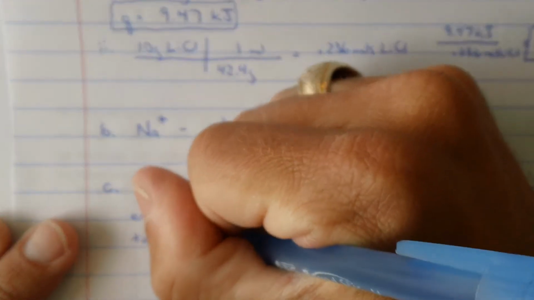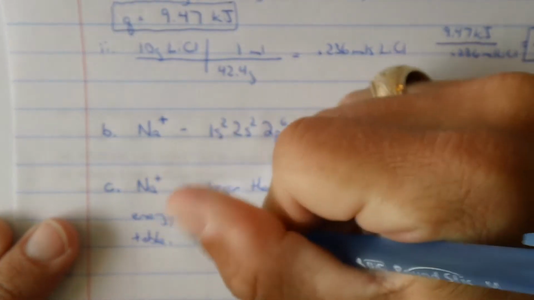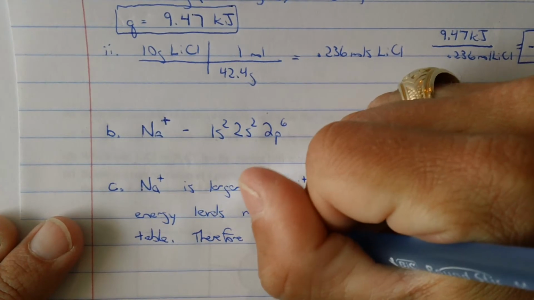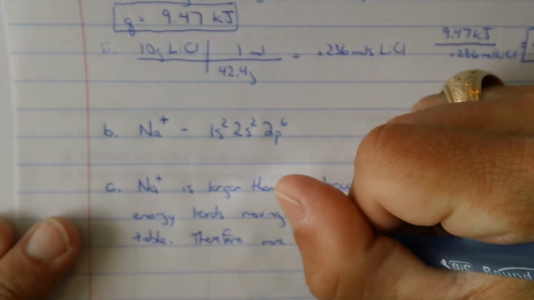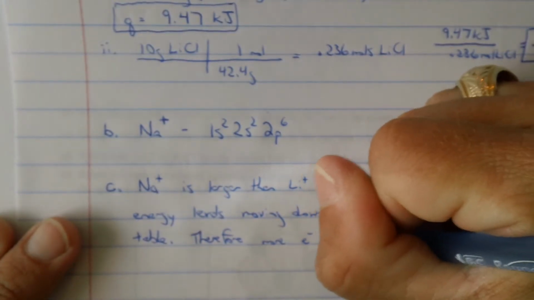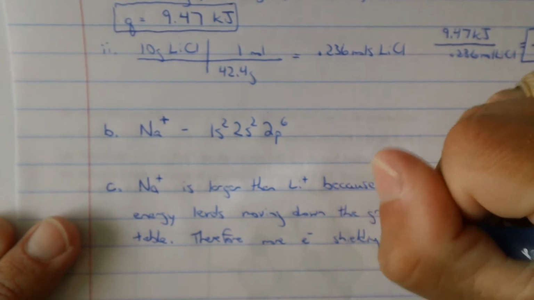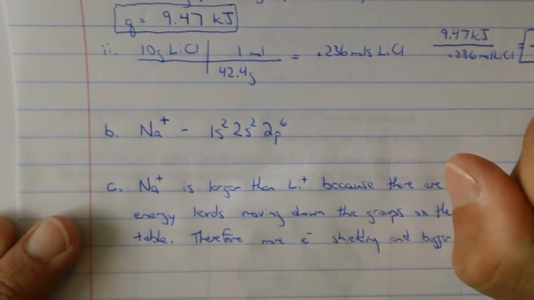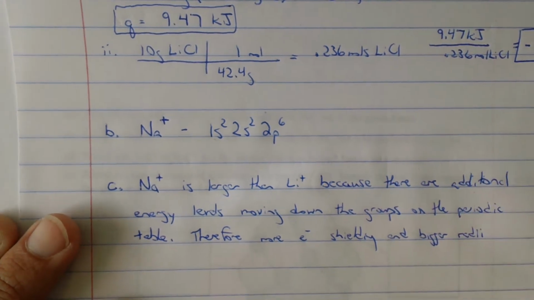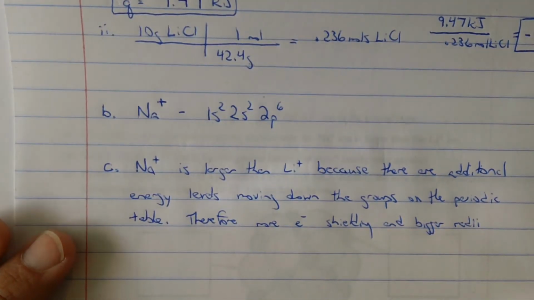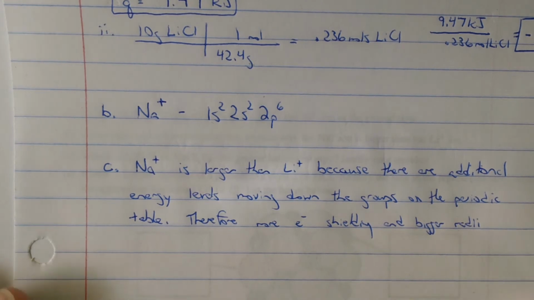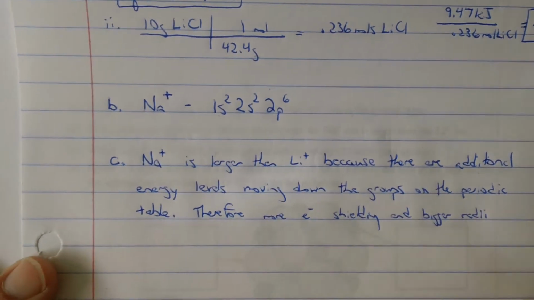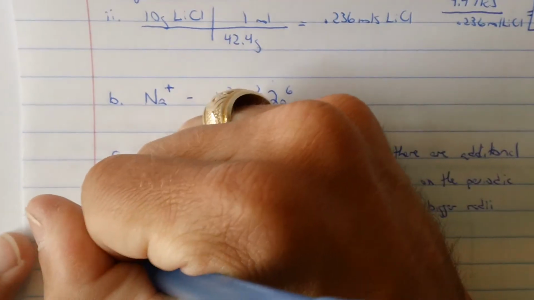You can put, therefore, more electron shielding and bigger radius. Just like that.